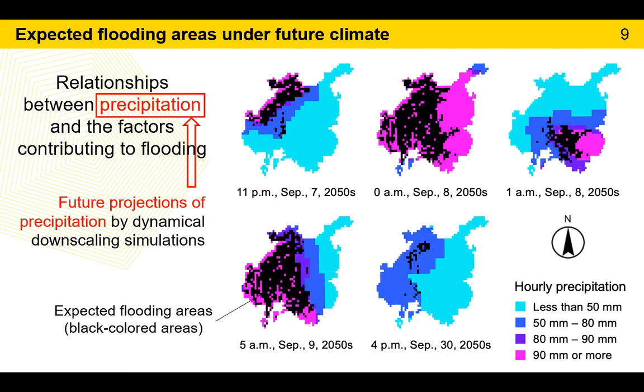These 5 figures are examples of the expected flooding areas for 5 future precipitations. Among these cases, the case in the middle of the upper row is the most serious flooding disaster situation.